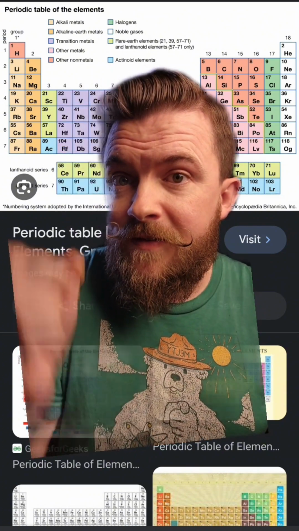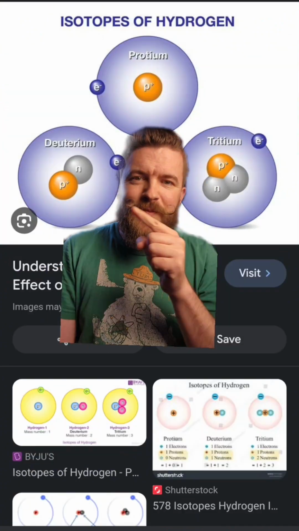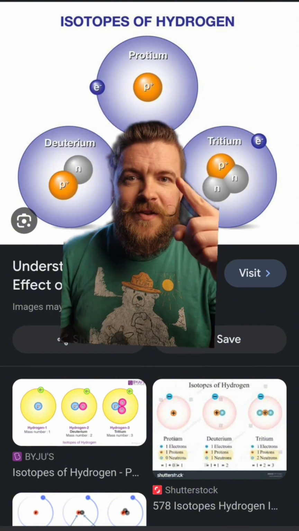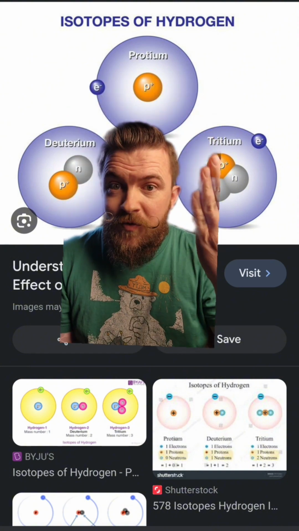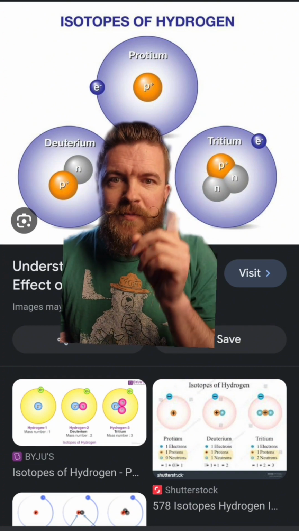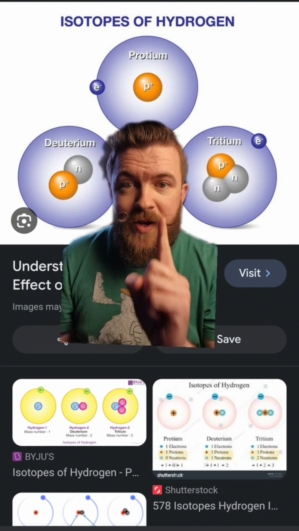But in a chemical sense, it's always going to behave the same way. These are the isotopes of hydrogen. You can see protium with no neutrons, deuterium with 1 neutron, and tritium with 2 neutrons, all having 1 proton.